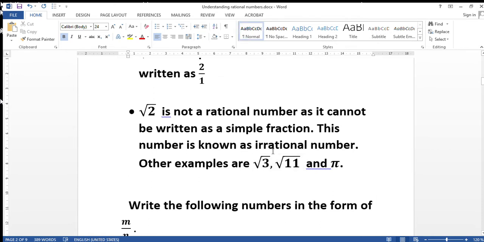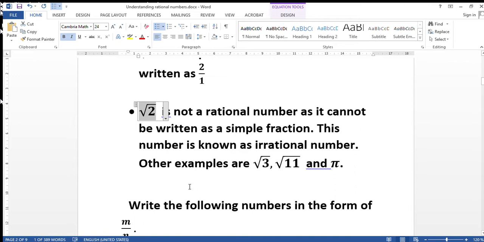Here are other examples of irrational numbers: square root of 3, square root of 11, and pi. For square root of 2, if we find the square root of 2, it must be 1 point something.